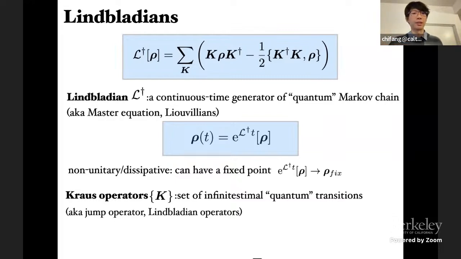What you get in the end, when you act with this Lindbladian on your quantum state, is a continuous family of Markov maps on states that's parametrized by exp(Lt). It's different from unitary dynamics, as these maps could have a fixed point that just shrinks every input state to one fixed point. So that's possible. And for those of you who are more familiar with quantum channels, this is really the continuous version, and you can see this cross operator looks kind of similar, but now it has a second term.